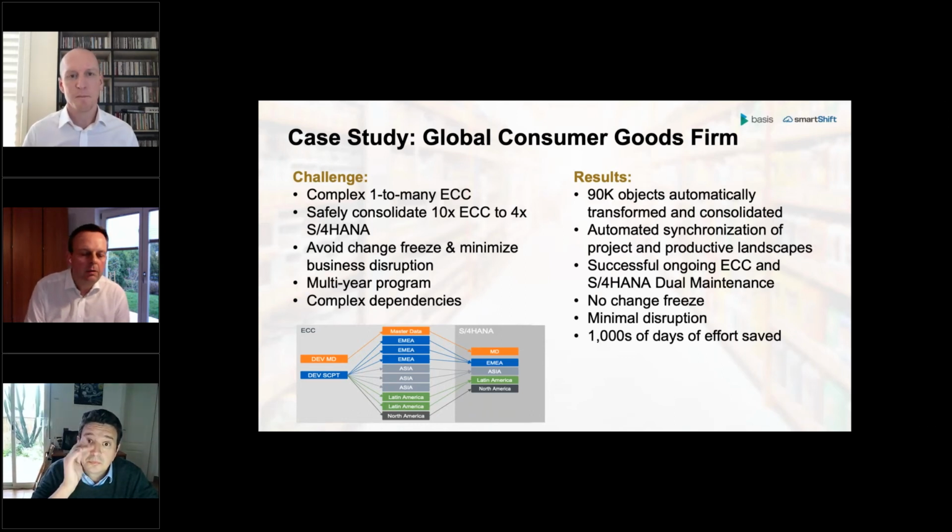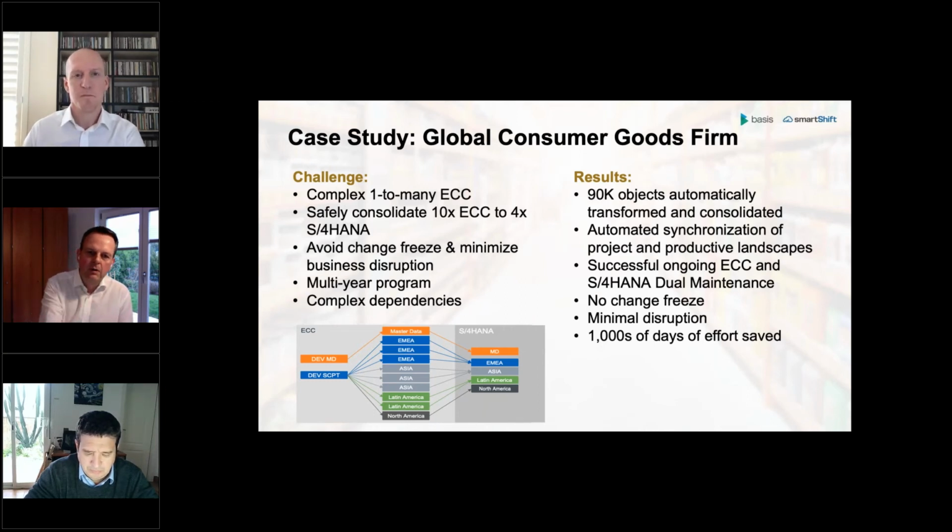And the customer didn't want to stop and freeze the system, right? That is a typical example. And they have more than 1,000 transports per month, which continuously get shipped into these systems. And so managing this change manually was pretty much not possible.